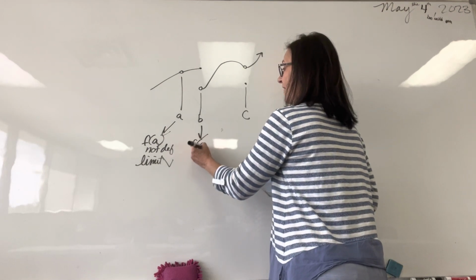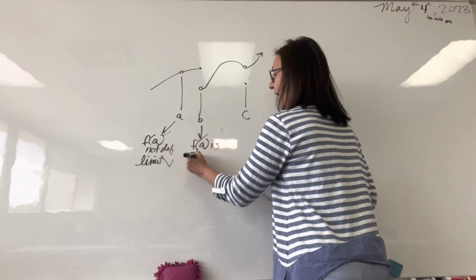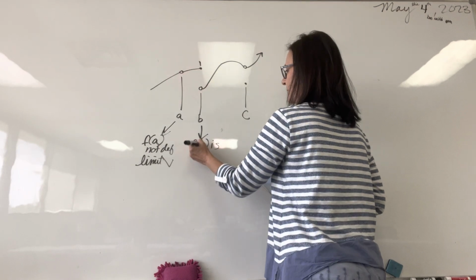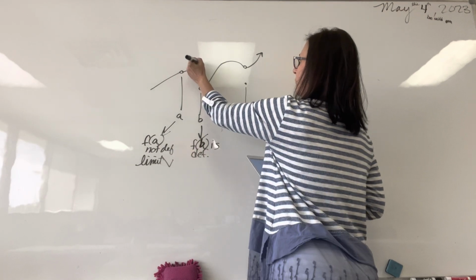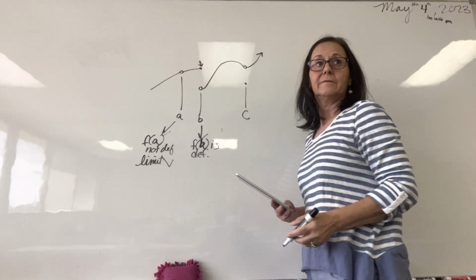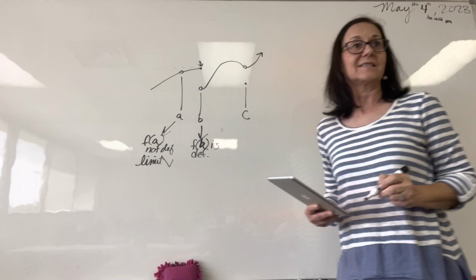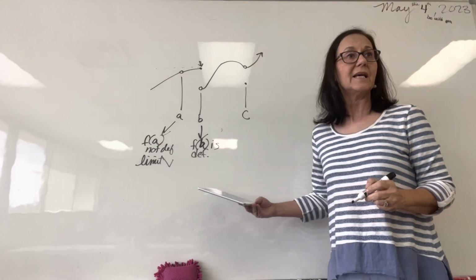At B, f of B is defined right here, whatever that is on the y-axis. But does a limit exist?